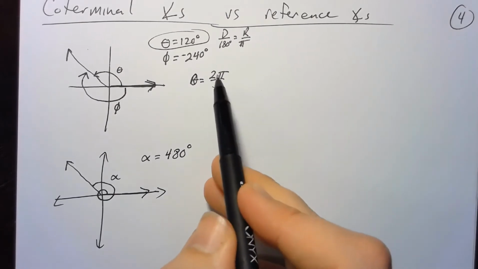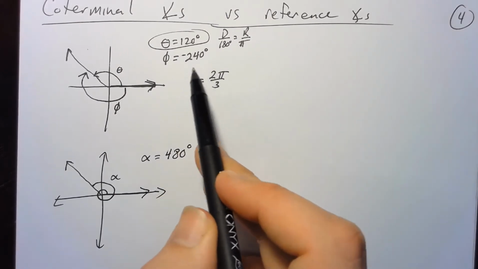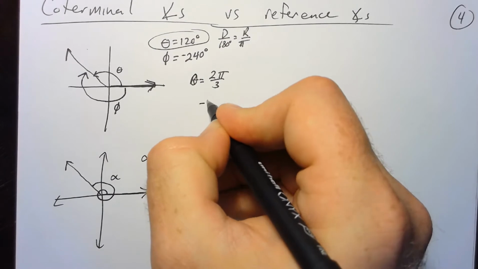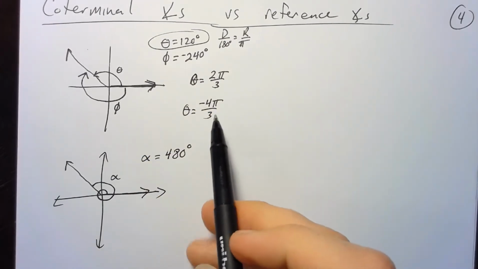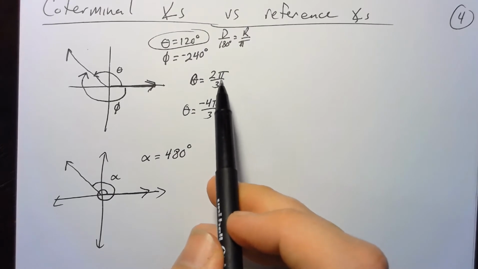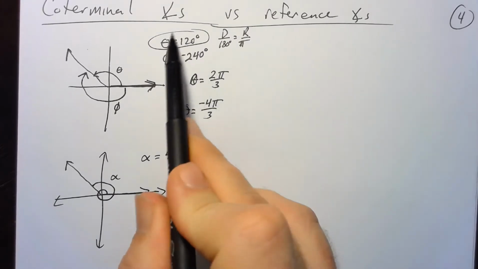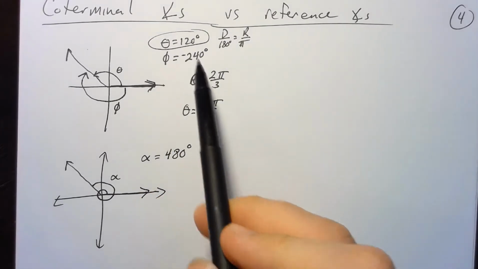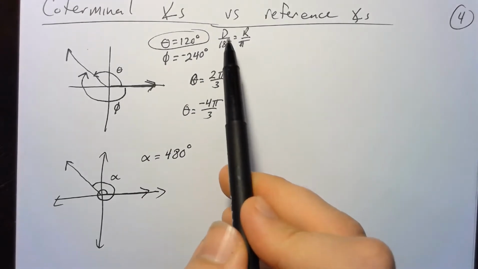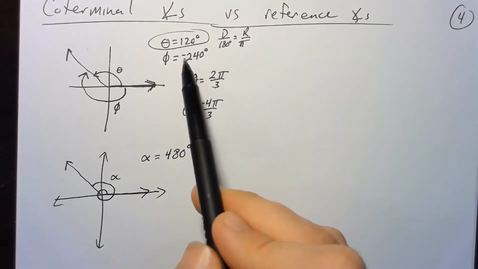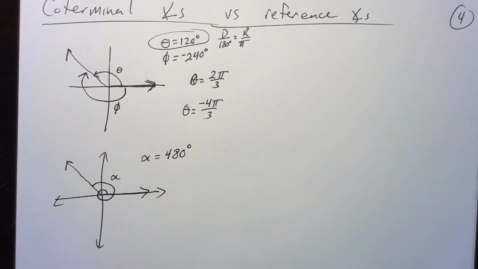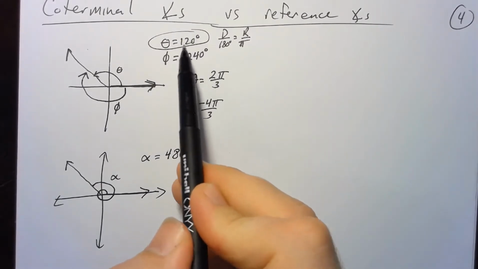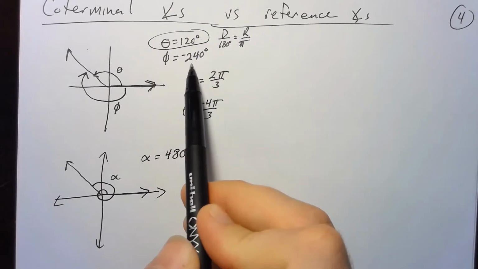We can go ahead and repeat this process with all the other ones. For instance, this is 4 of those pi over 3s. So I'm going to have negative 4 pi over 3 as my theta measure here. Now, if I were working with just the radian measures and I didn't have these degrees in front of me, sure, we could convert the radians to degrees using this formula and get the 120 and then do the 360 minus. But if I'm not working with that, what I can do is, just like I did here, I technically subtracted 360 degrees from 120 to get negative 240.